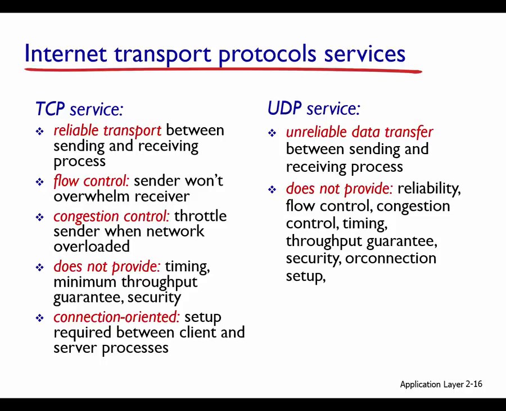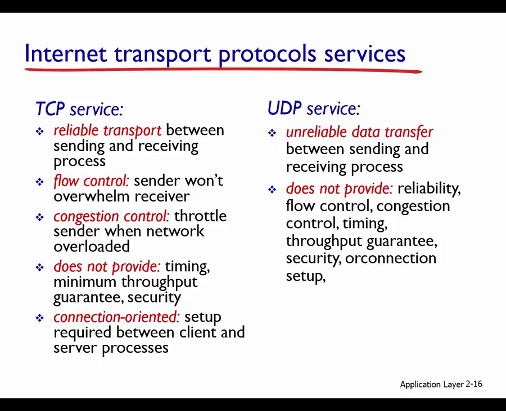Then you have congestion control because, of course, if you have a reliable transport, you can't afford to do too much dropping and retransmitting. So you have to have some congestion control. We're going to talk about that in the future. TCP by itself does not provide timing, any type of minimum throughput guarantee, or security.